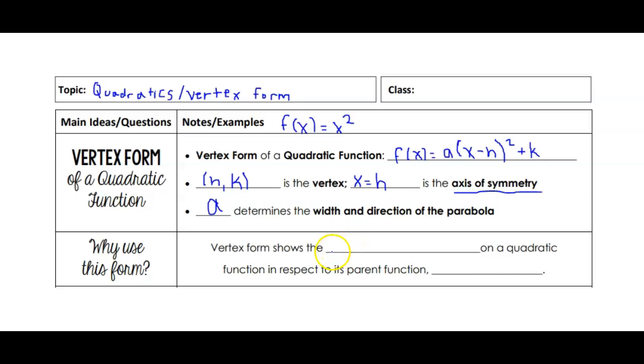This form is awesome because it shows the vertex. So vertex form quickly shows us the vertex with respect to the parent function f of x equals x squared.